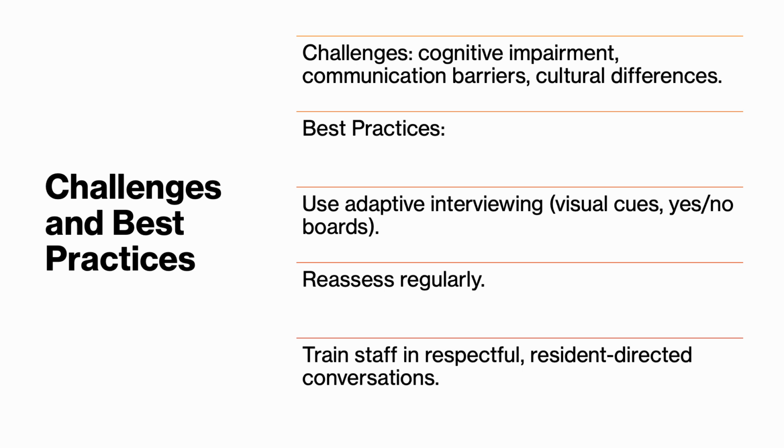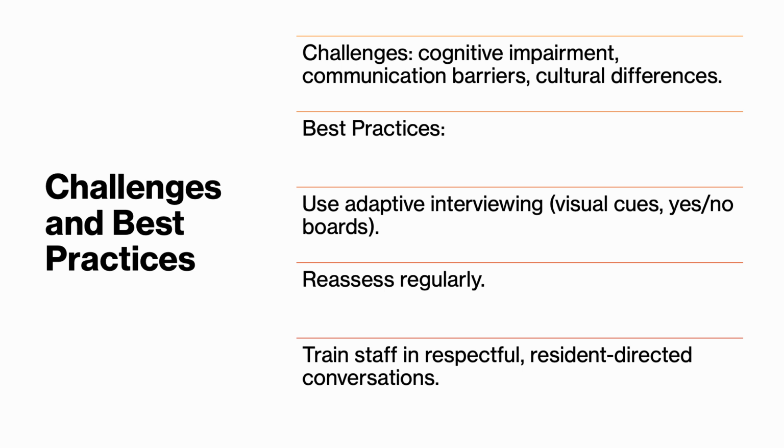So you can call a number and then you'll translate the question, and then the translator on the phone will then translate that question to the resident, and it definitely makes the process a lot longer, and also you're not really sure what is actually getting relayed to the resident based on the translation. So those cultural communication barriers based on different languages and cultural differences can pose a challenge.